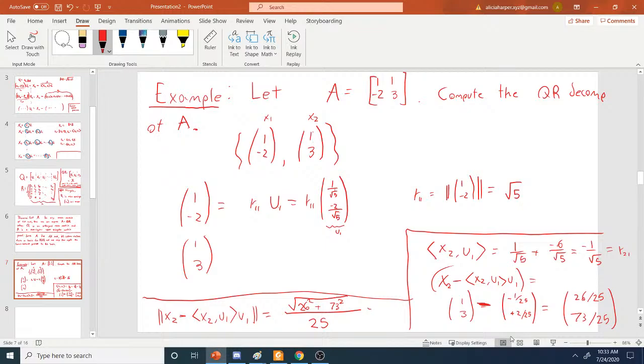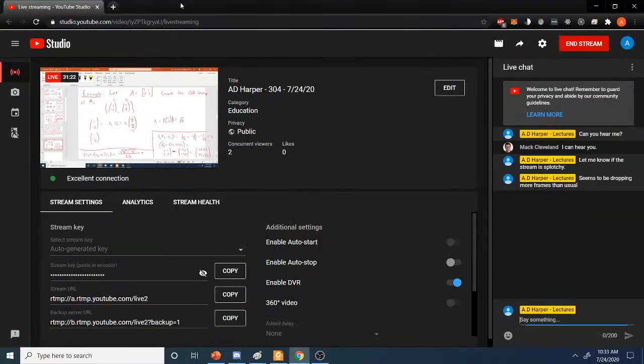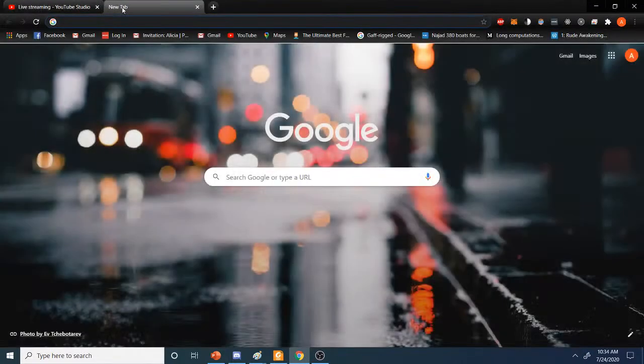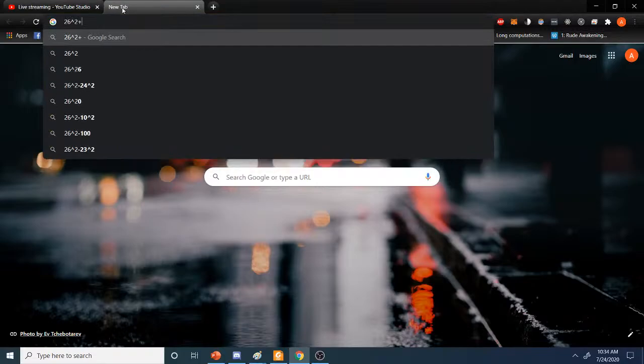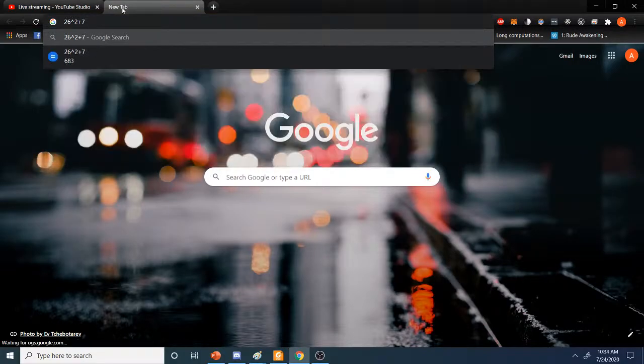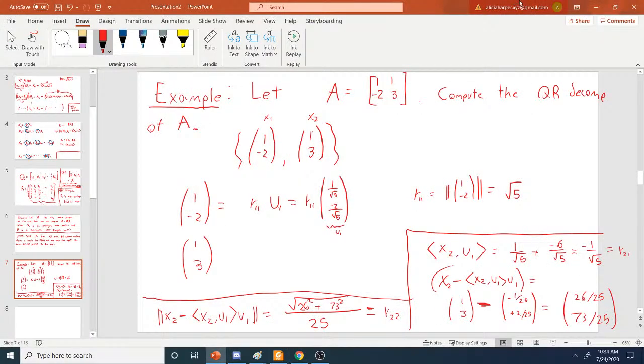And this right here gives me precisely my R22. And maybe I should compute that real quick, or at least simplify it a little bit. 26 squared plus 73 squared, 6,005.